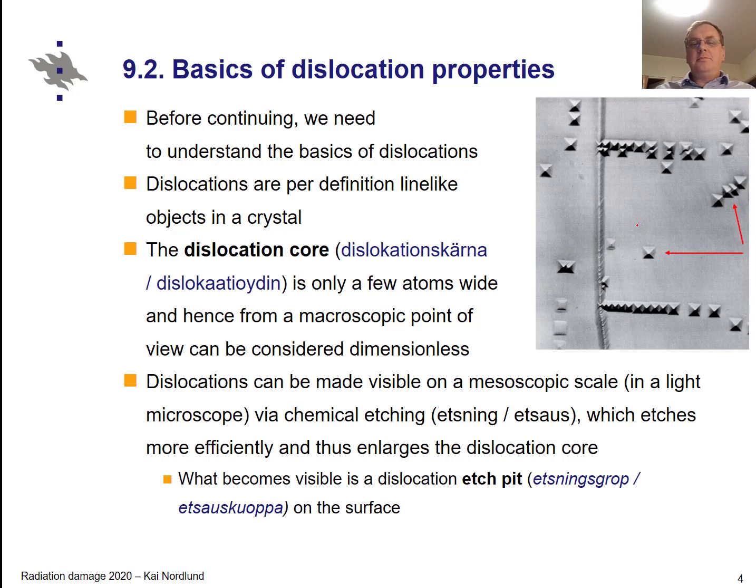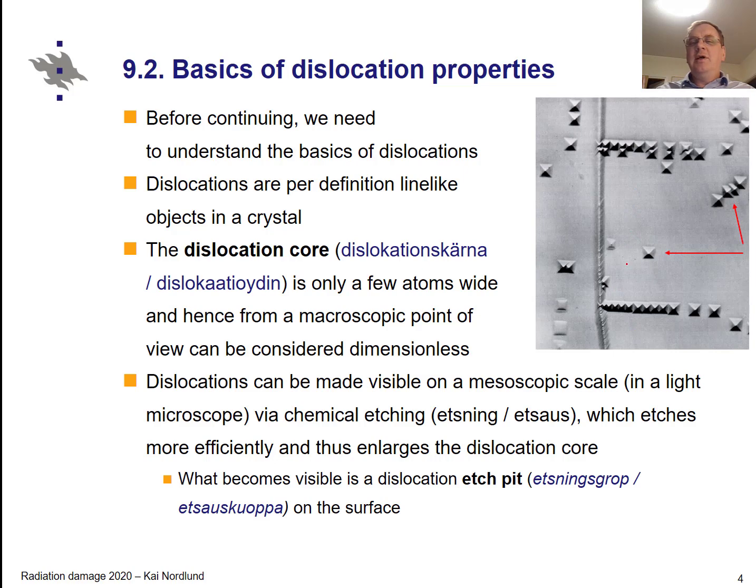However, you can see them as much bigger objects by doing etching. That is, if you take a metal with dislocations and then start doing certain varieties of chemical etching for removing atoms from the surface, it turns out that if you have a dislocation, the atoms around the dislocation core etch more efficiently, and this etching pattern spreads, and then you get pits on the surface where the dislocations are.